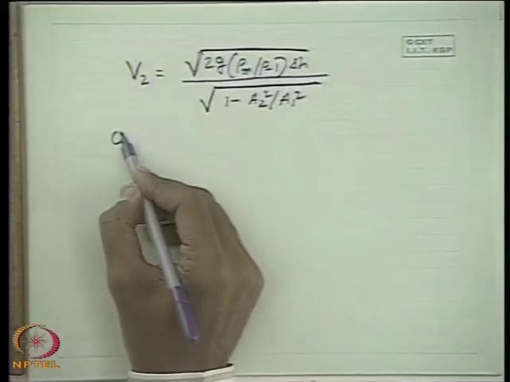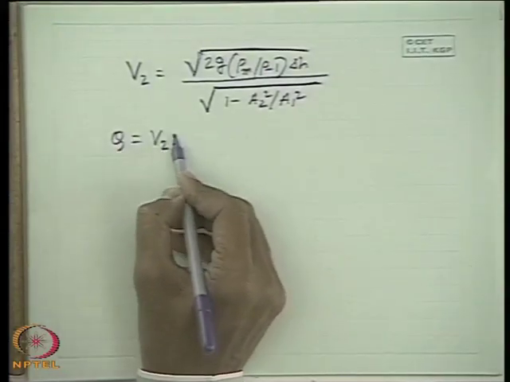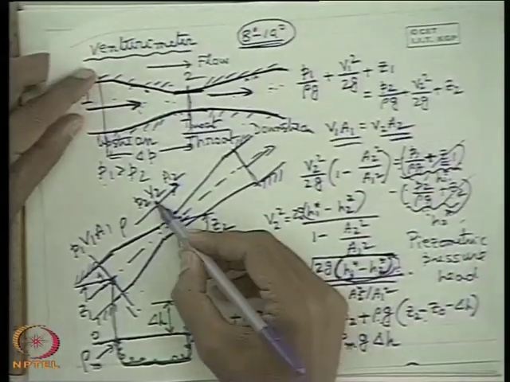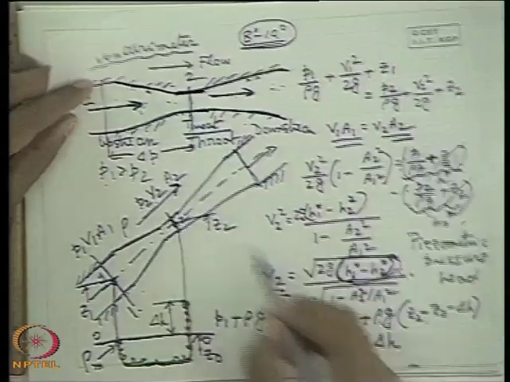Now therefore the flow rate Q will be V2 into A2. If you recall, A2 is the area where the V2 was found out. That means this is the throat area A2 where the velocity is V2, so flow rate is velocity into the area.